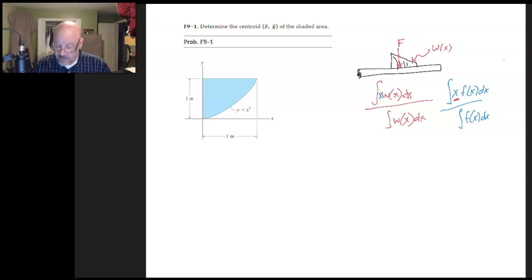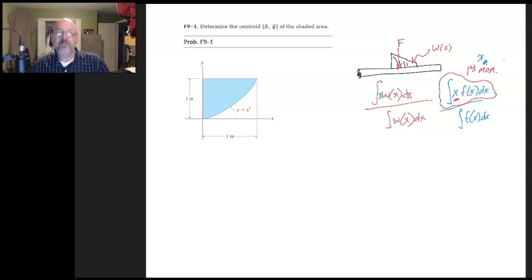Now, this part on the top, there is a name for that, and that's actually where the term moment originally comes from. In physics, we use the term torque, and here, of course, we use the term moment. This is what's called the first moment, and I'm going to refer to that as x sub m.